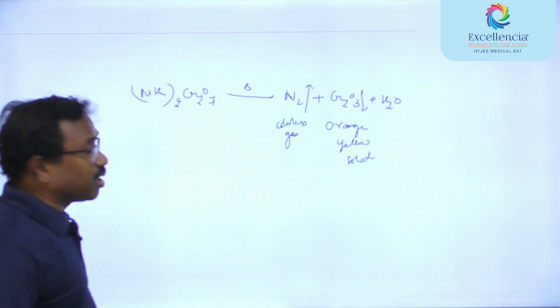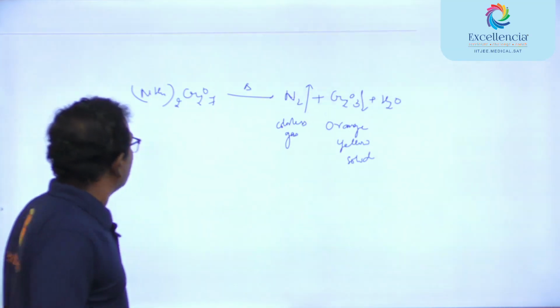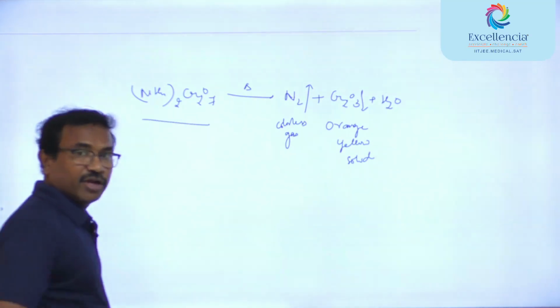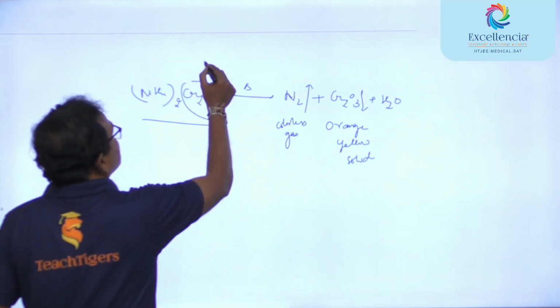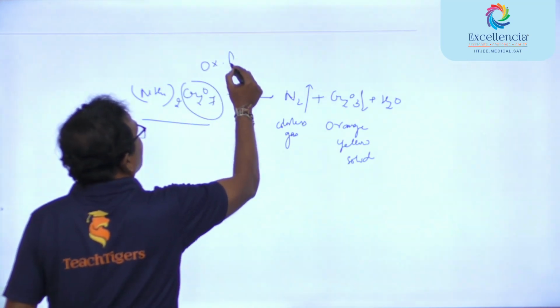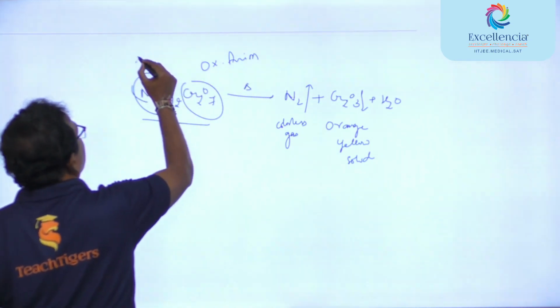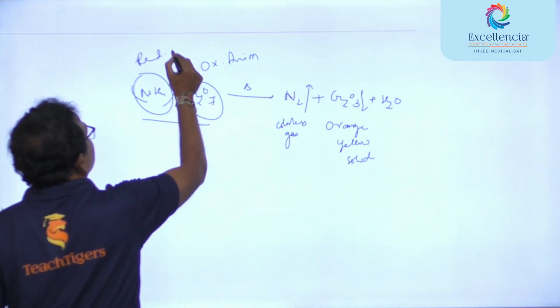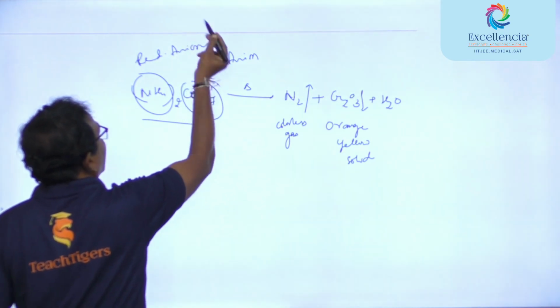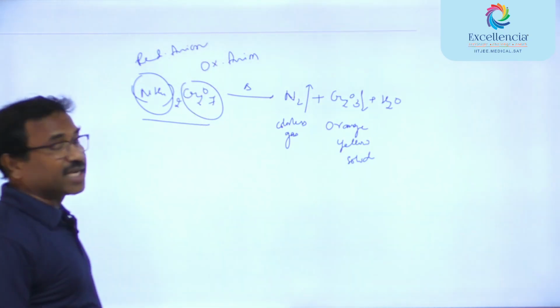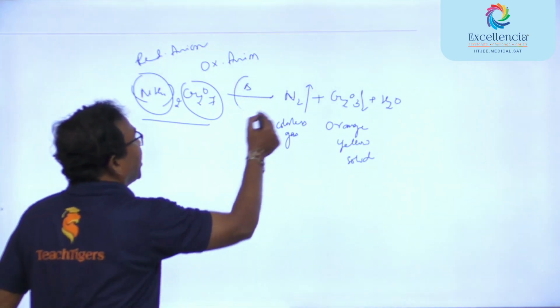So, how do you identify that? Obviously, the salt should have one component as an oxidizing anion and the other component as reducing. In this case, ammonium is a reducing cation and dichromate is an oxidizing anion. And moreover, you are heating it.